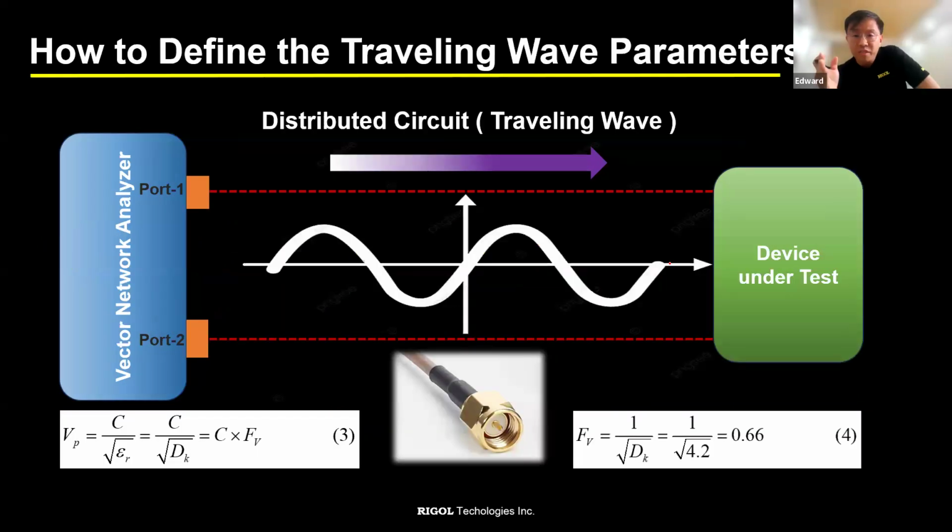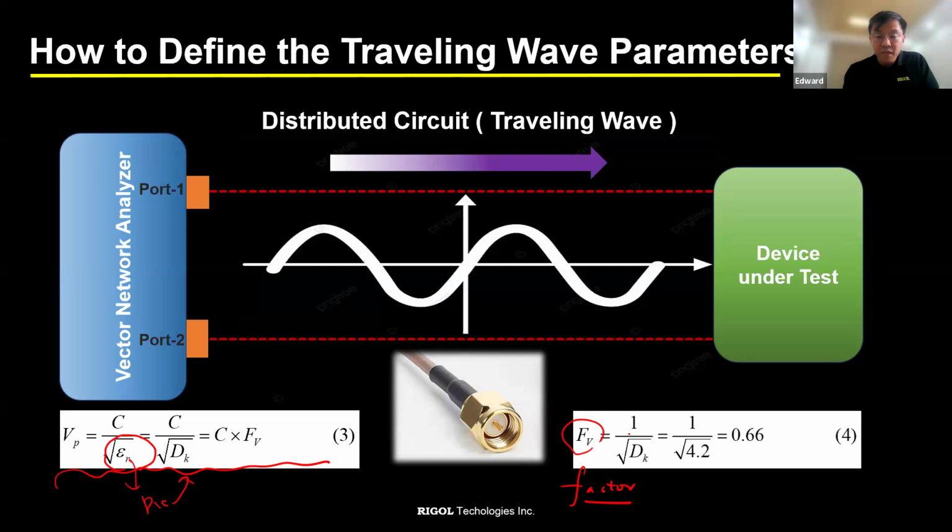So this is a distributed circuit by the traveling wave concept. This is very important because of the phase velocity here. We need to input the dielectric constant to get the velocity factor inside the vector network analyzer. For example, for SMA cables, you notice the dielectric is Teflon, right?